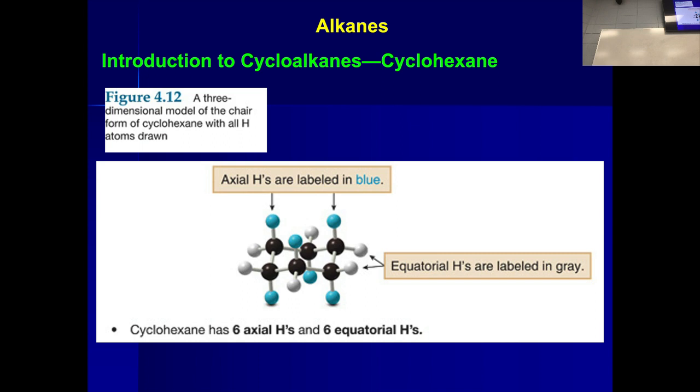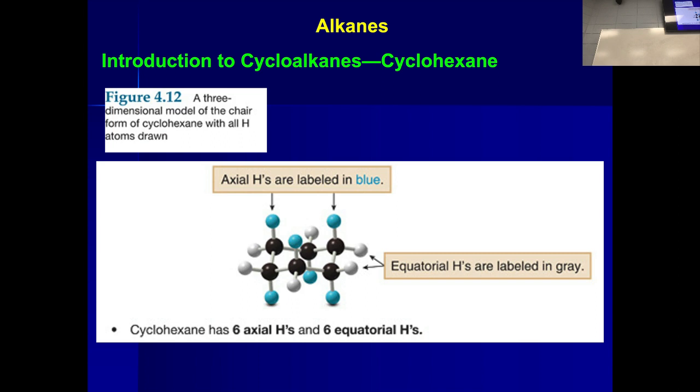Okay? Is this more stable or less stable than that? Which one's more stable, this one or this one? You think methyl group up is more stable? Why do you think that?